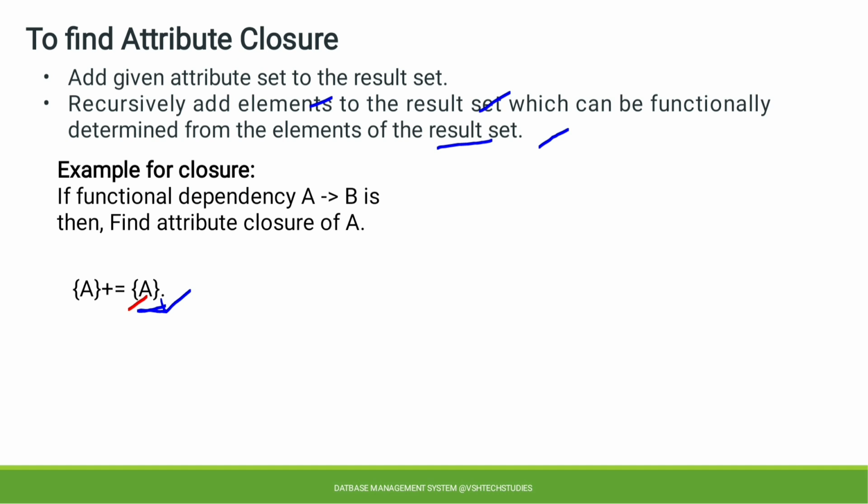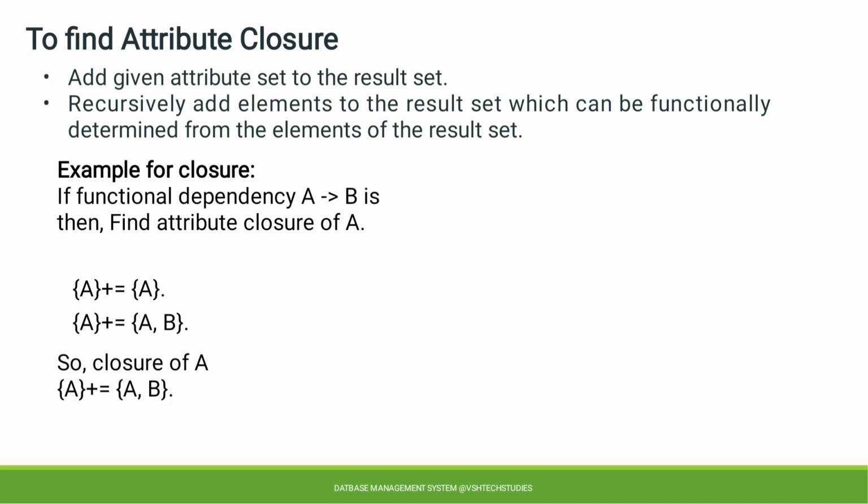Then we have to look at the given functional dependency. A determines B. Hence B has to be added to the result set now. The final answer is the closure of A is equal to the set of attributes A and B.